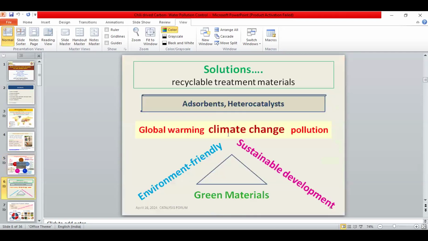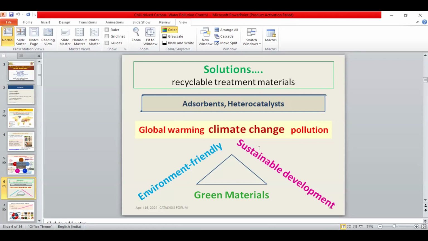So our main intention is to find a solution. Out of many feasible solutions, my intention is to go for recyclable treatment materials, and we focus on adsorbents and heterogeneous catalysts.